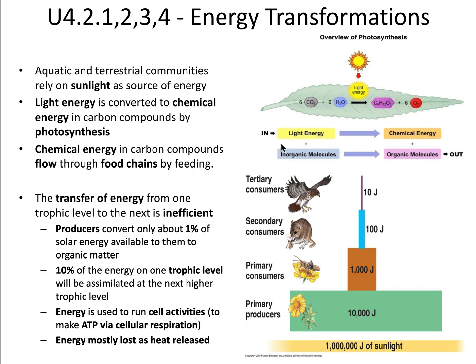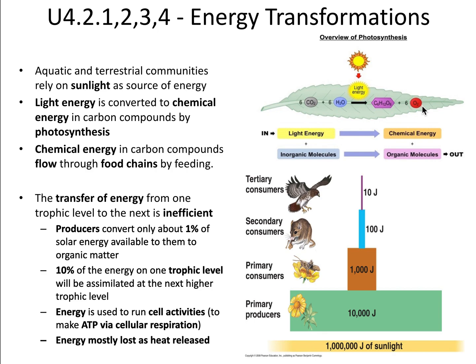So if you're looking at this picture here, which then converts into organic material, or what we would call sugar, which is chemical energy. So if you're looking at the picture of the leaf here, you can see you have carbon dioxide plus water and sunlight is going to then create chemical energy, which is sugar, which is C6H12O6, or glucose, as we've talked about it before, and the waste product of oxygen, which the plant releases, thank goodness, so we can breathe it.